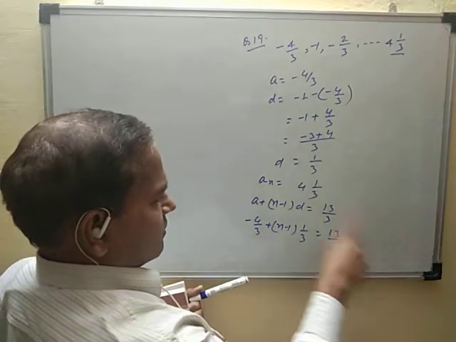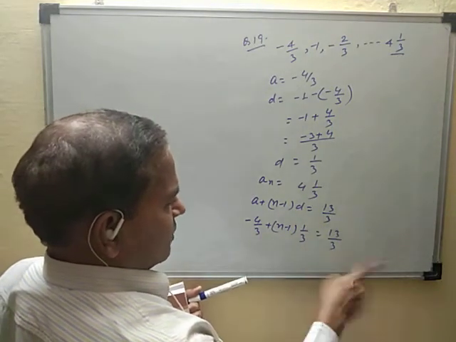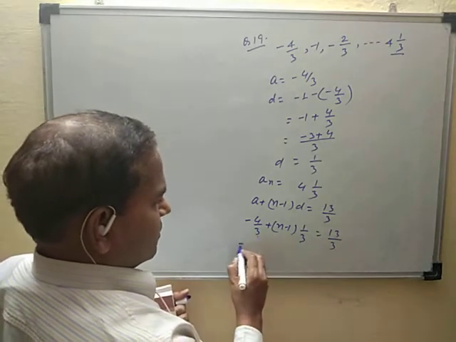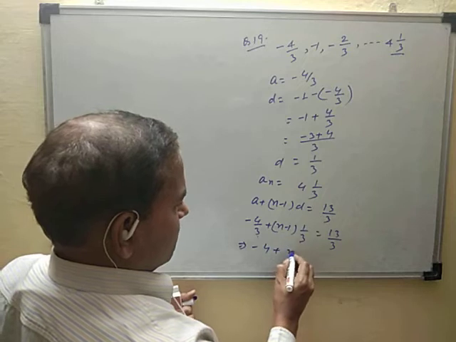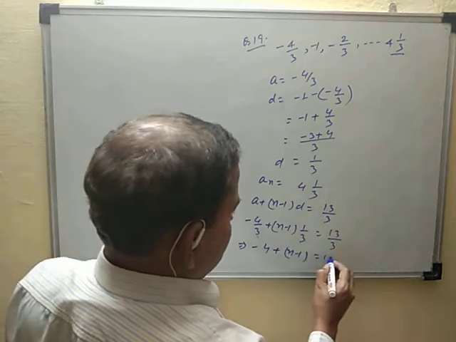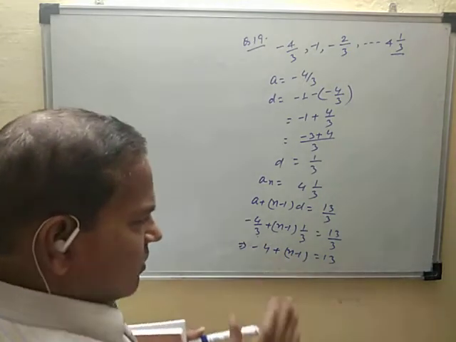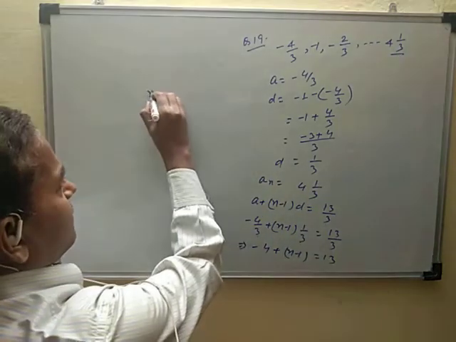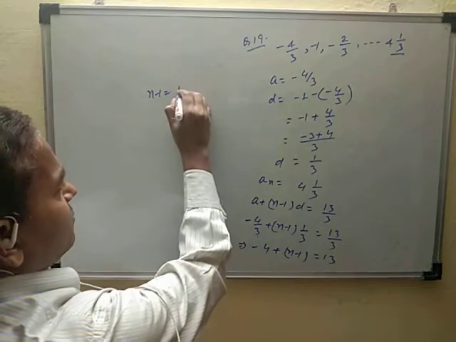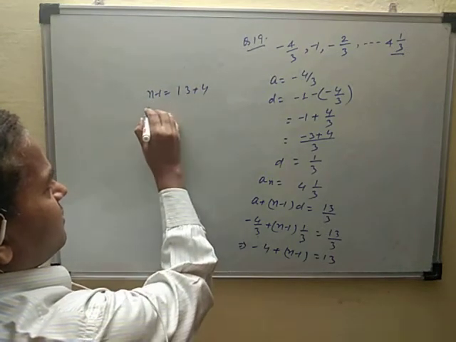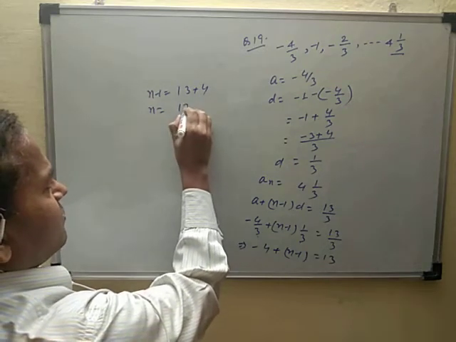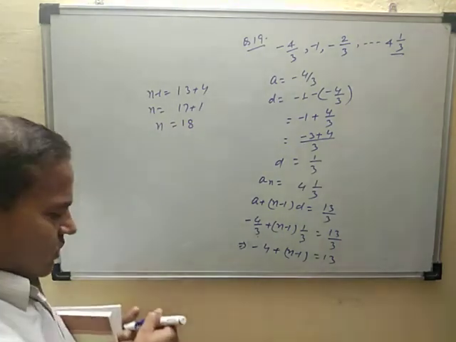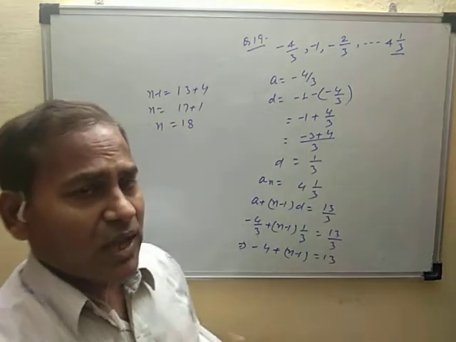Now this term taking to the right side, or 3 cancel. All the 3s cancelled. So this implies minus 4 plus (n minus 1) is equal to 13. All denominators 3 cancelled. This 4 taking to the right side. So n minus 1 is equal to 13 plus 4. So n is equal to 17 plus 1, that is 18. So here the total number of terms is equal to 18.